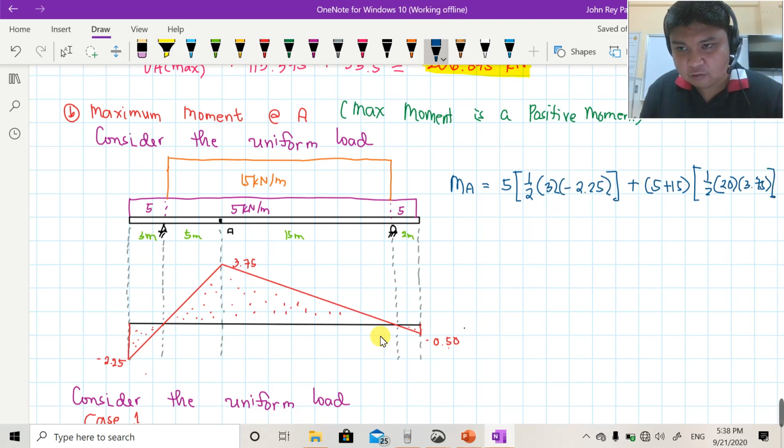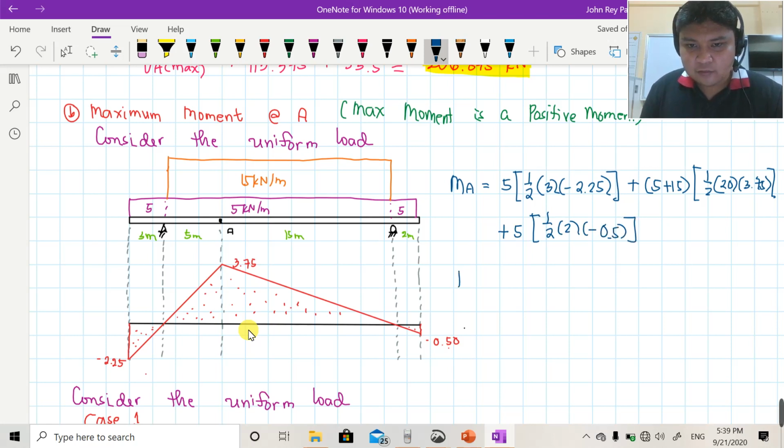So you may check kung tama siya, no? Diba? 5, itong area, 1/2 ng 3, tapos negative 2.25. 5 plus 15 will be 20. 1/2 ng the span or the base of this triangle is 20 class. And yun na nga, 3.75 yung height. So lastly, there is another 5, but that is 1/2 of 2, negative 0.5.